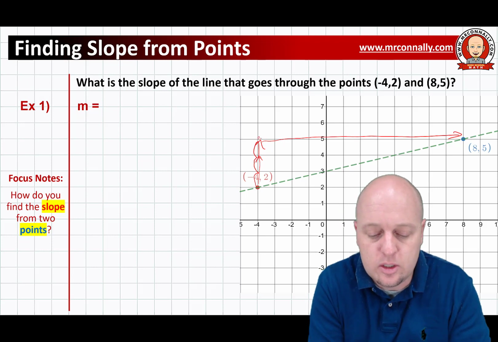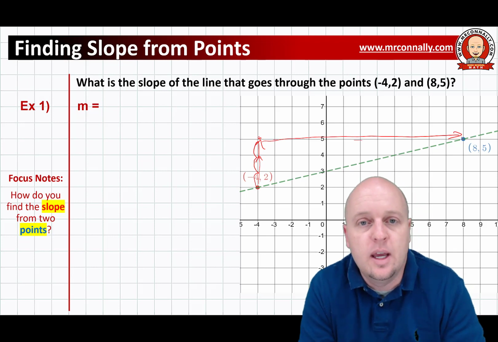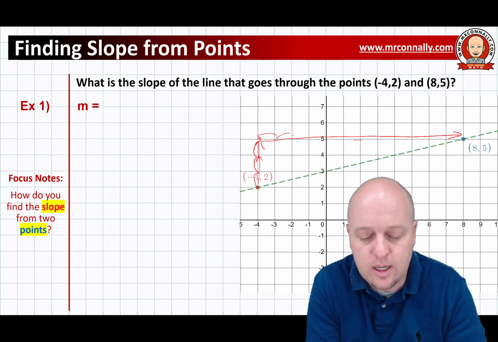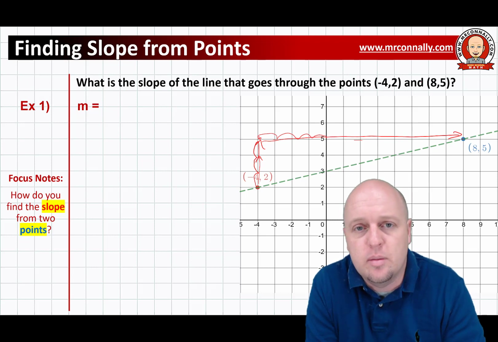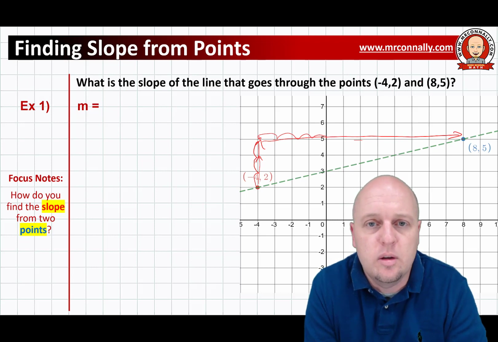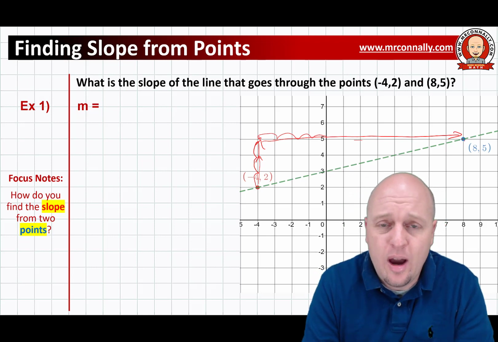The horizontal change goes from negative 4 over here all the way to positive 8. How far would I jump if I do that? Okay, now I could count the jumps on a graph, which works great if the numbers are integers. But sometimes the coordinates or the points are fractions or other rational numbers. Okay, so how can we find this?